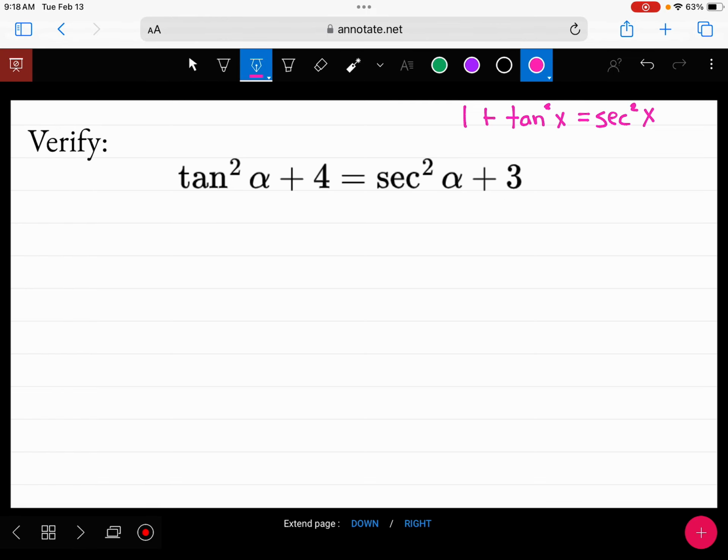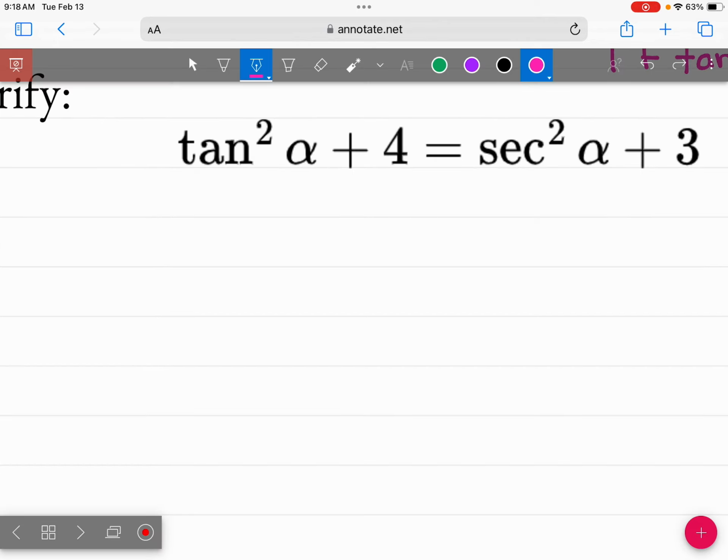So what can we do? Perfect. And you can do this on either side. You can either work the left-hand side or the right-hand side. I'm going to go left because that's the way you just said.